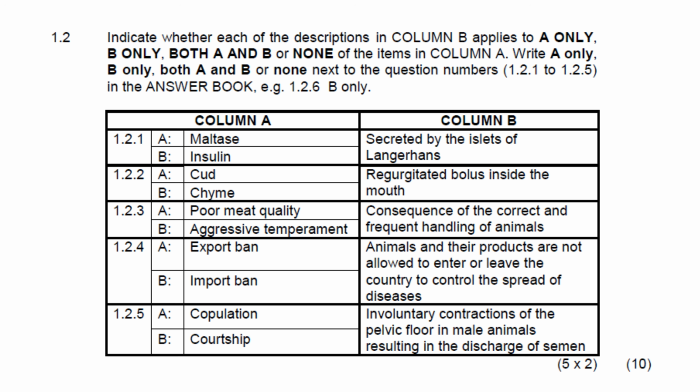It cannot be courtship because it's contractions of the pelvic floor in male animals. So copulation involves semen discharge, while courtship is behavioral. It does not involve any physical discharge. So the answer there is A only.